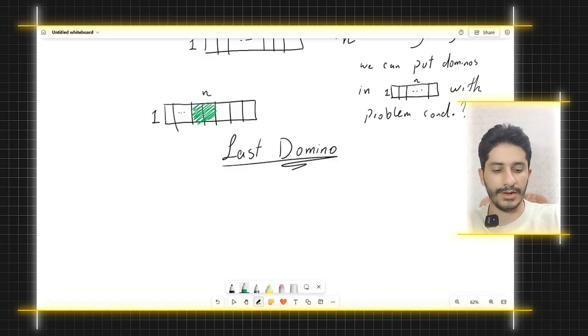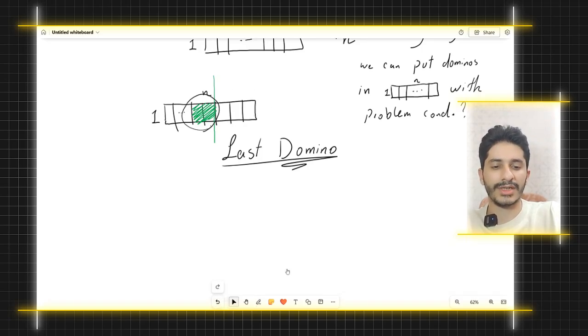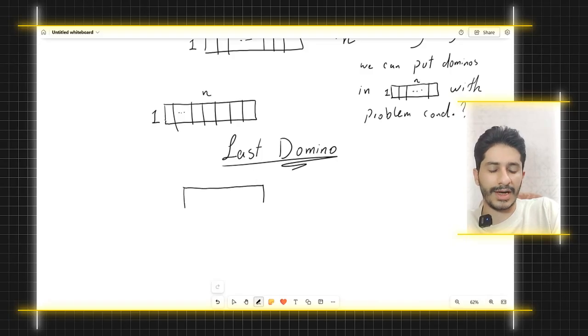No, it cannot be here, because if the last domino is here, then the second condition is violated. The second condition says that we shouldn't be able to put any other domino. But if this one is the last domino, then it means that there are no dominoes here. By last, I mean from the left. So there are no dominoes in these 3 cells, and it's not good because we can put another domino here. So if you investigate, you can see that the last domino has only 2 possible places.